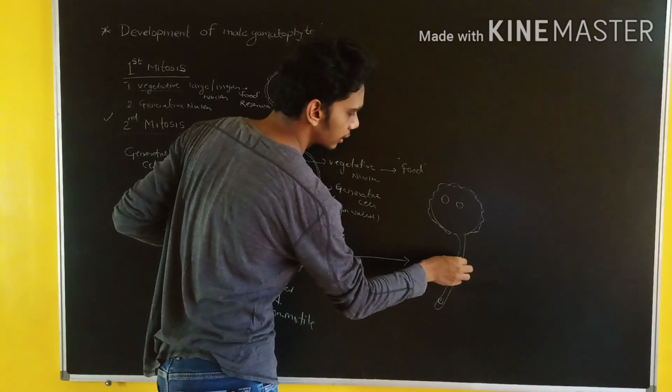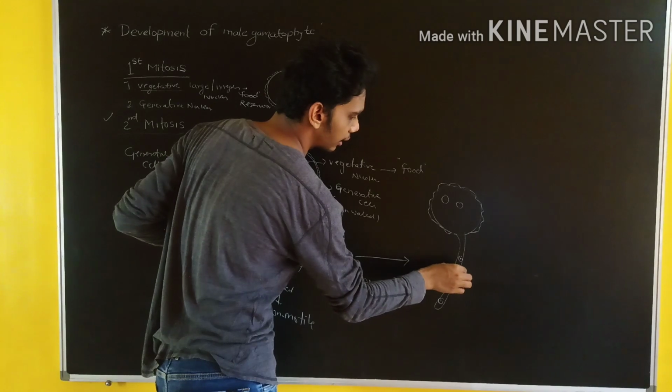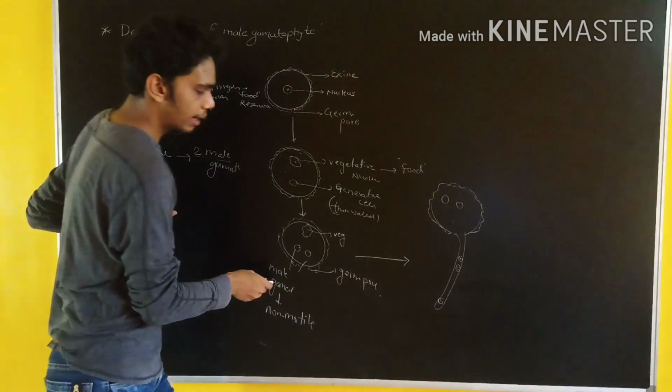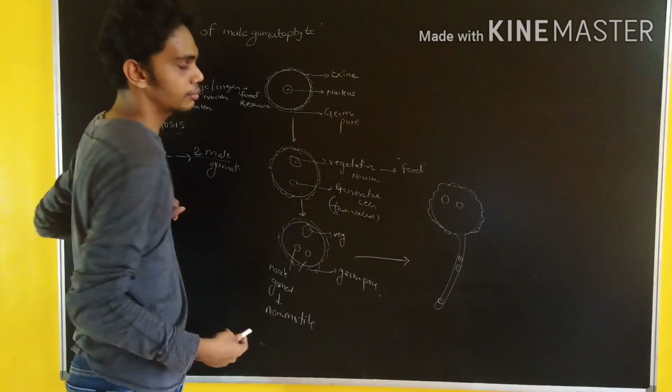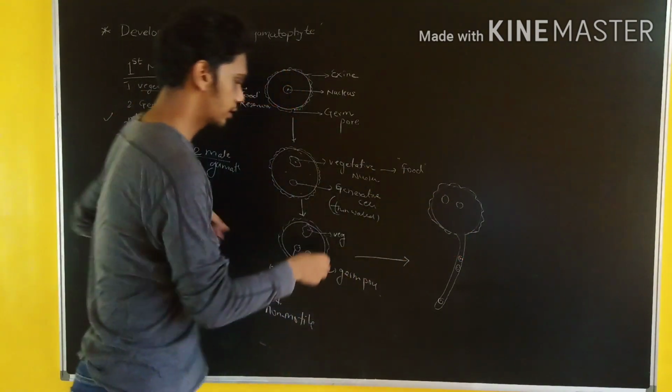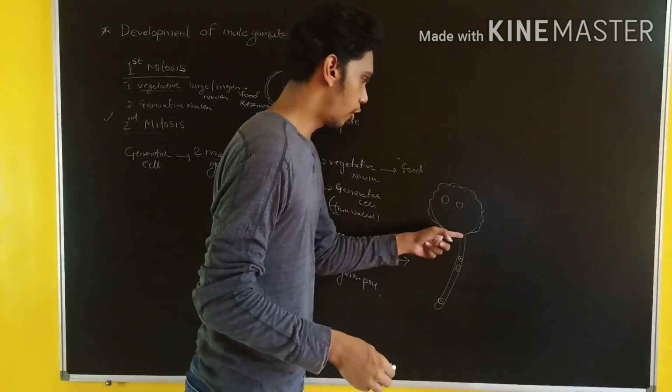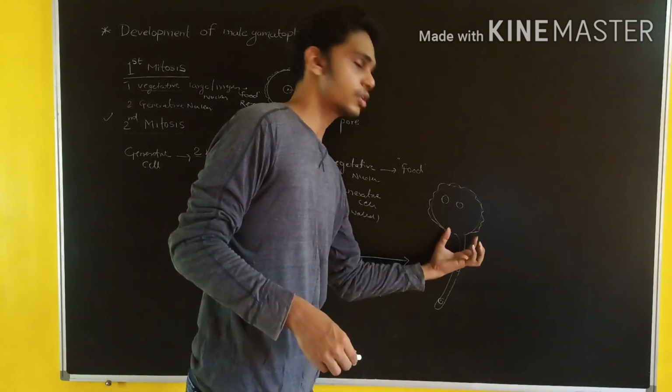Then afterwards these male gametes are transferred. So in the process in which the male gametophytes are transferred to the female gametophyte, the vegetative nucleus forms the pollen tube, which emerges from the germ pore.